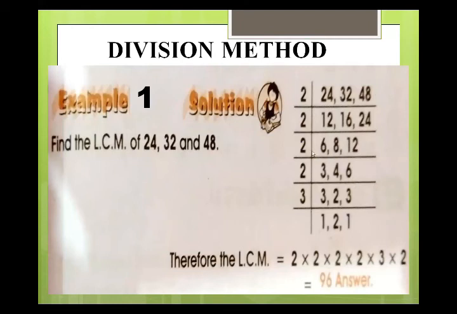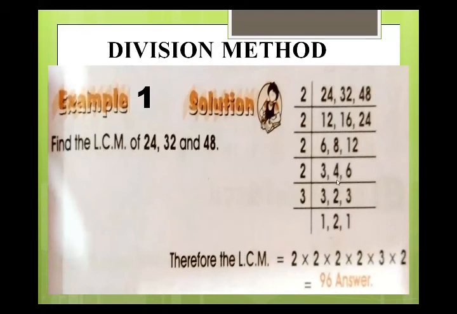Now here you see that the number 3 is not divisible by 2, but the numbers 4 and 6 are divisible by 2. In this step, you have to understand: if one number is not divisible by the divisor, but any two of the numbers are divisible by that divisor, then you go ahead and divide. If only a single number is not divisible, you take it as it is.